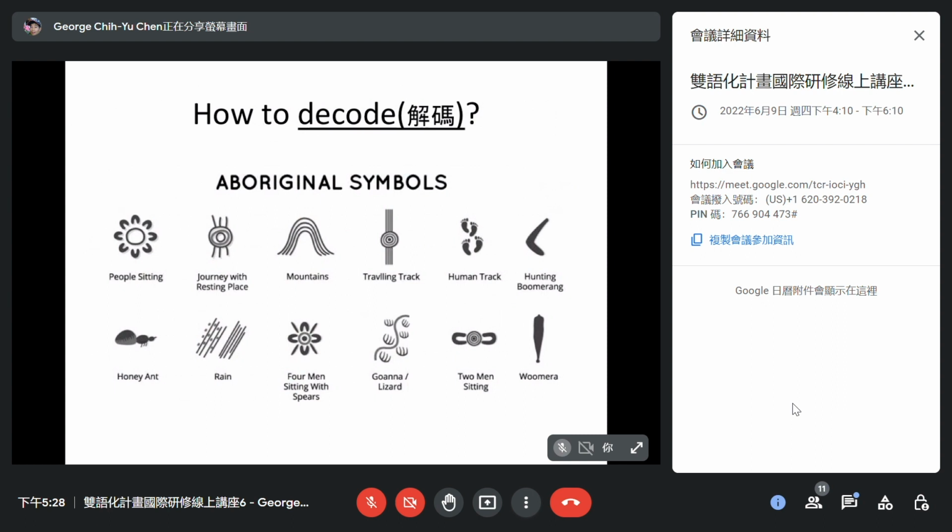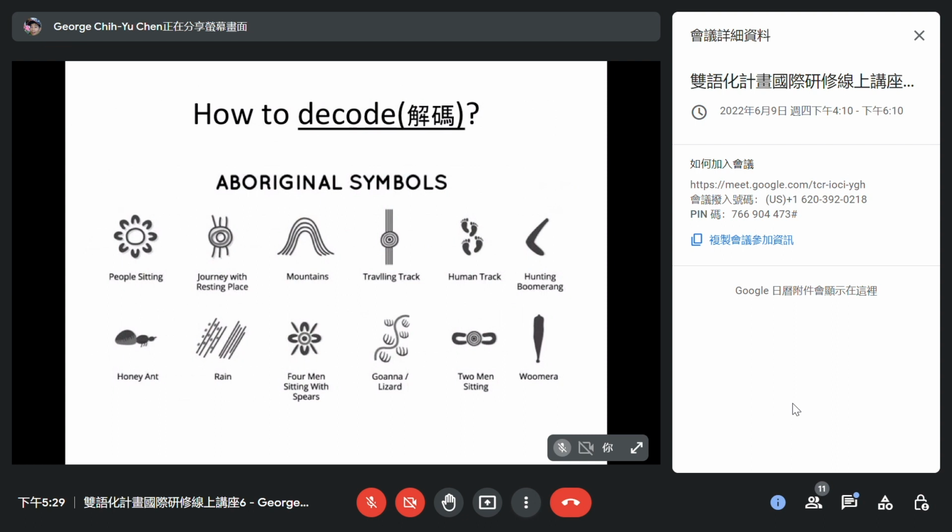For example, people sitting, journey with resting place. 一个旅程有休息的地方 mountains, no problem, and a traveling track, and a human track, and the hunting boomerang. Boomerang is 回力镖, and for the indigenous people, it's used for hunting. Honey ant, rain, 4 men sitting with spears.